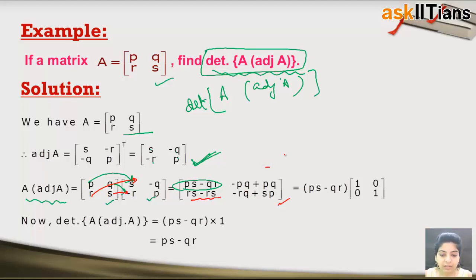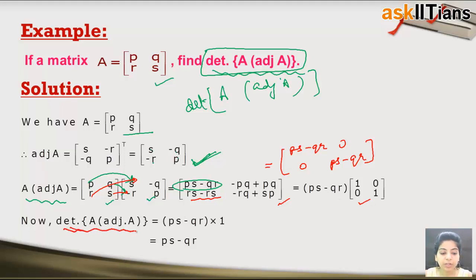So this is in fact equal to PS minus QR, this is 0, this is 0, and again we have PS minus QR. So I take out common PS minus QR and I am left with this value, right? So this gives me PS minus QR and identity matrix.